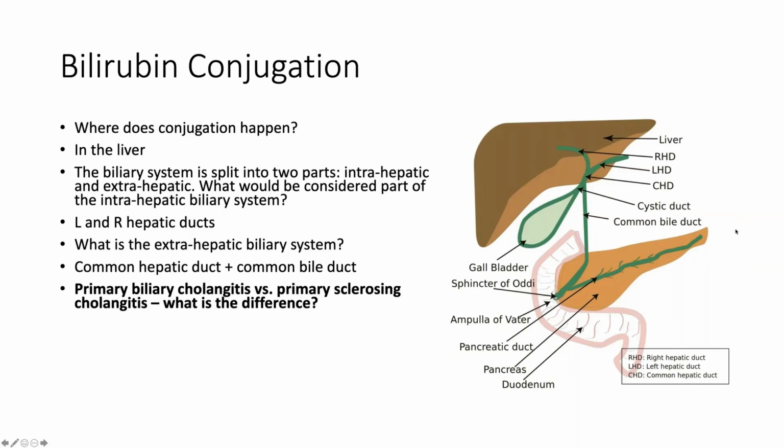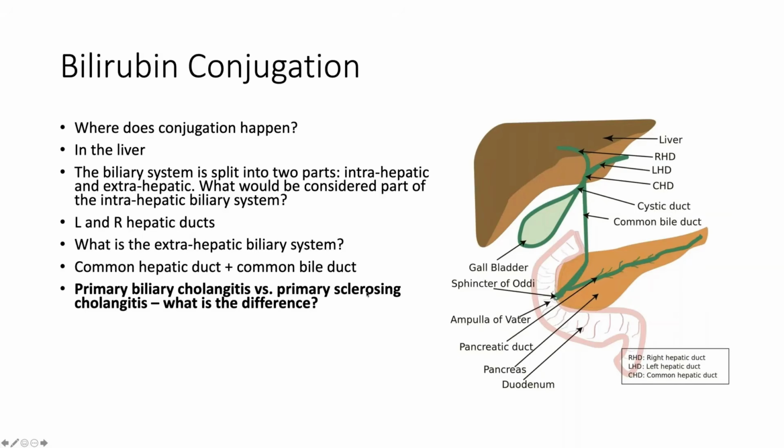Great. So this is just something that's interesting, but do you happen to know, Shama, what's the difference between PBC, primary biliary cholangitis, which used to be called primary biliary cirrhosis, but they changed it, versus primary sclerosing cholangitis?